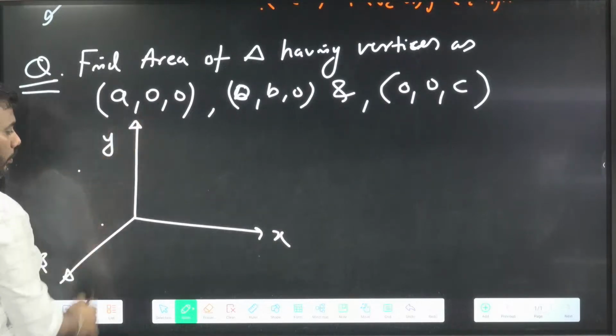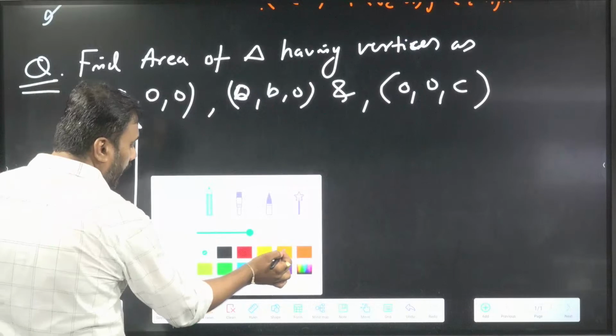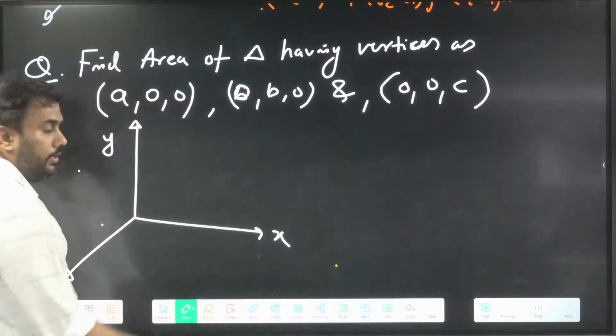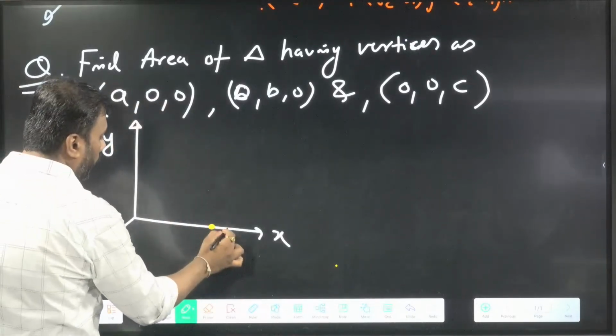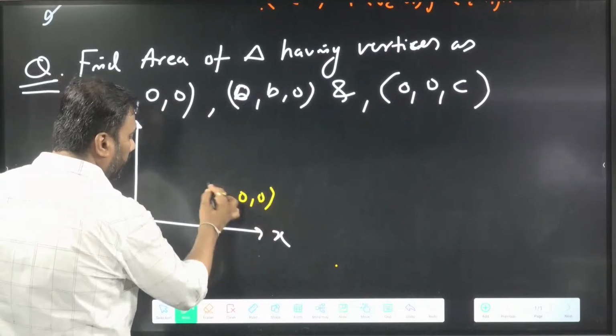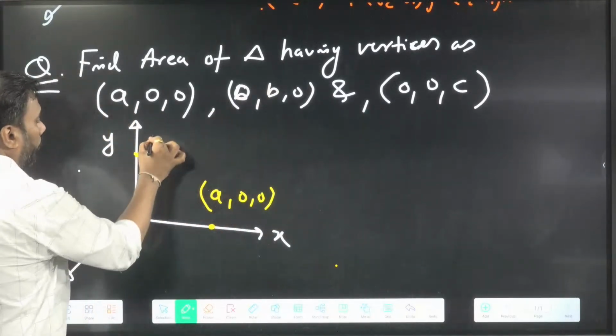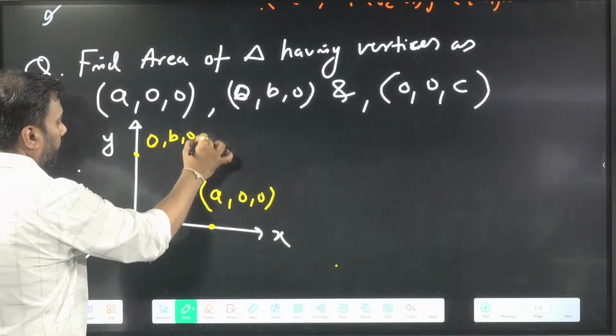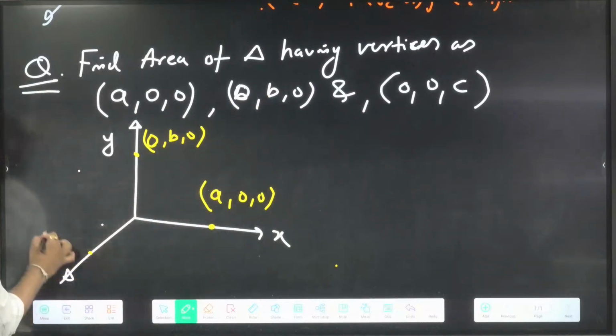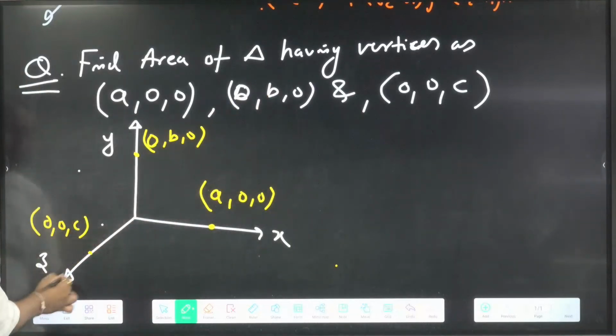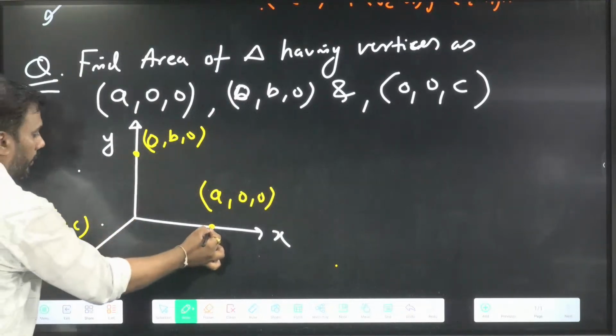If you observe these points, they are given on the x, y and z axes. (A, 0, 0) is on the x axis, (0, B, 0) is on the y axis, and (0, 0, C) is on the z axis. So these are the three vertices of the triangle.